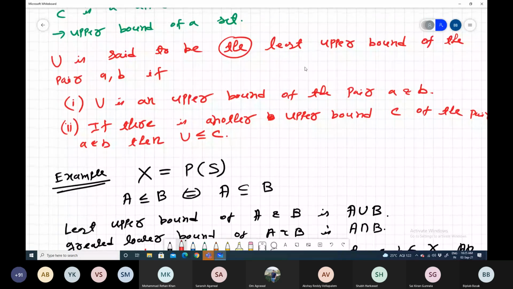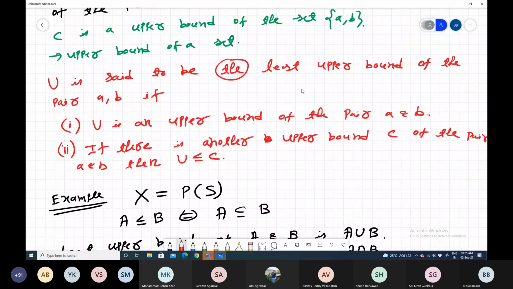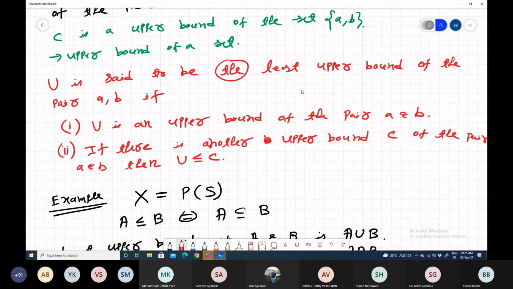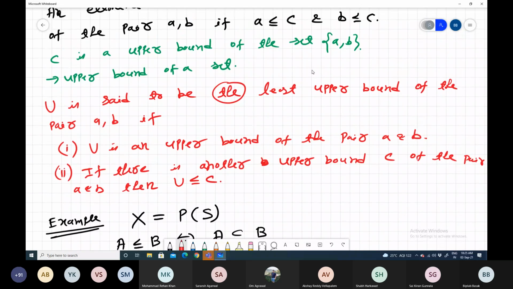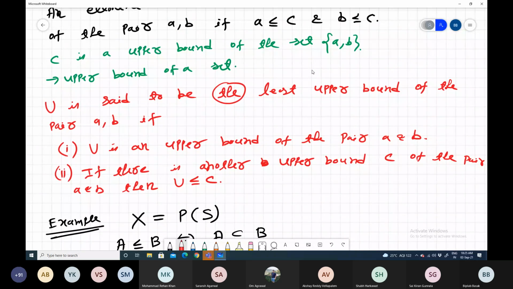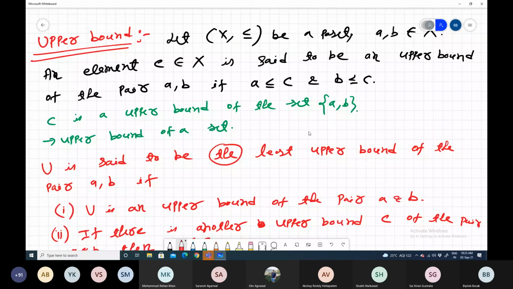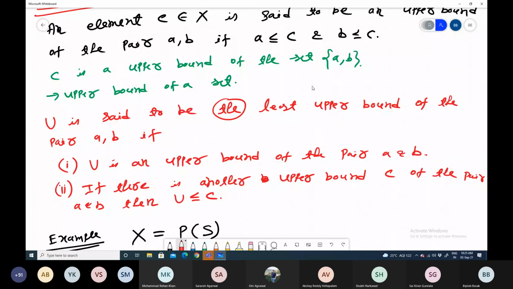Sir, the definition does not include a relation, I think. So this is an upper bound, and that is the least one as well. I think, just a minute.